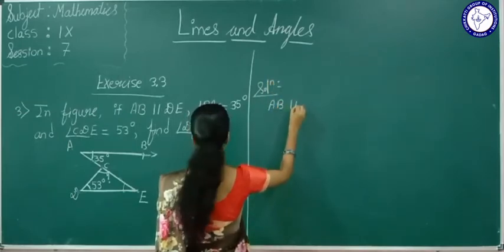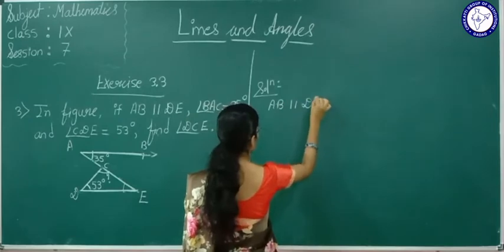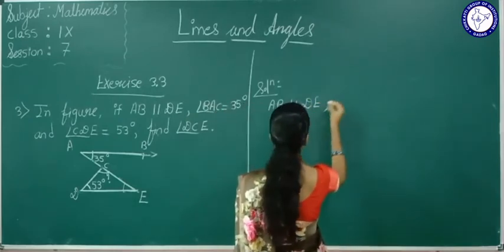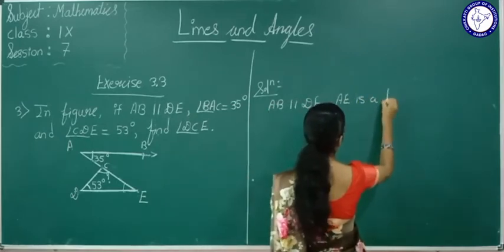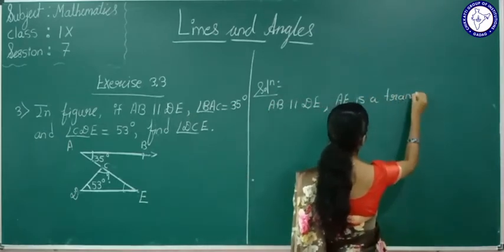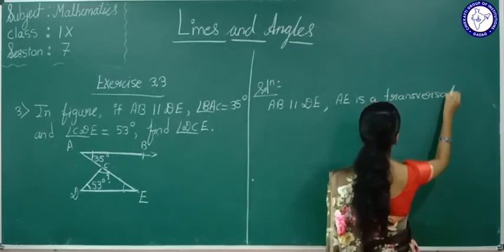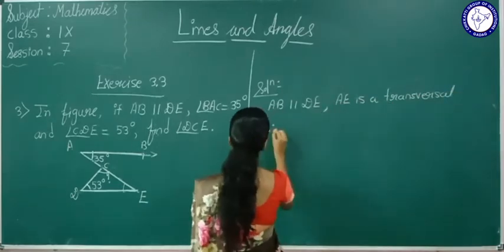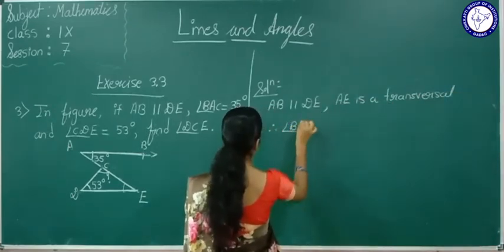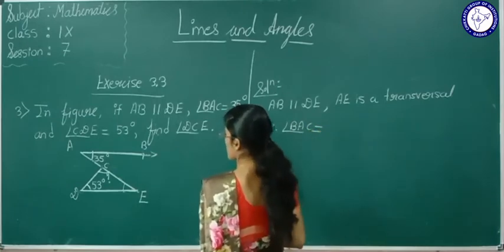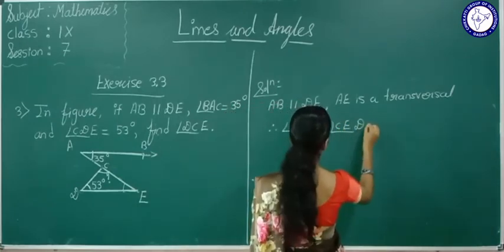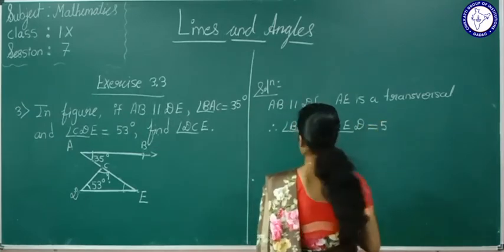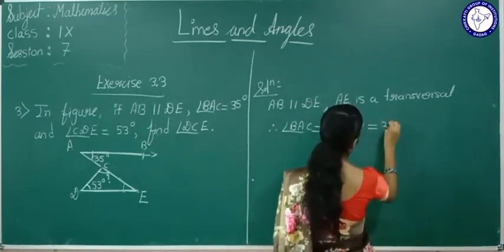AB is parallel to DE. Okay. AE is a transversal. If AE is a transversal, therefore what we can tell here, angle BAC is equal to angle CED. How much, students? It will be 35 degree. What is the reason?